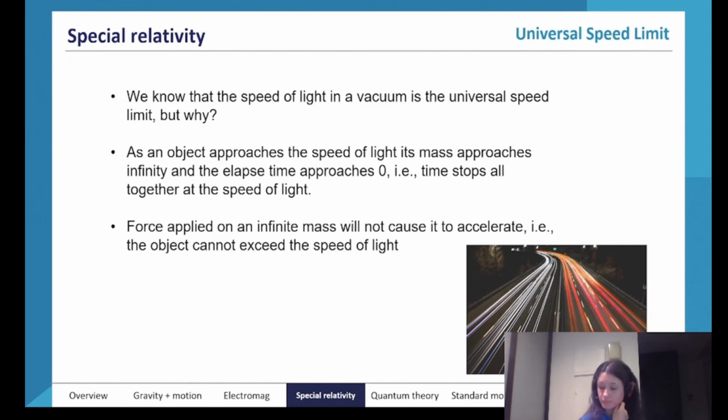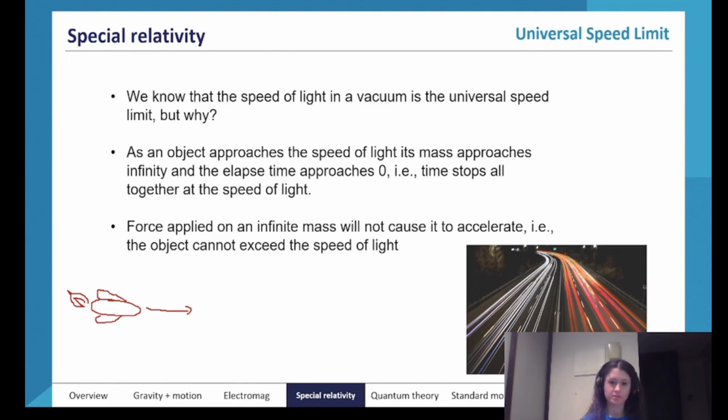So what this means is that if you are traveling in your spaceship, say this is your spaceship here, I know that this is a terrible spaceship, and you are traveling really fast, but you still perceive light as traveling at the same speed, your time needs to slow down to make up for that, right?